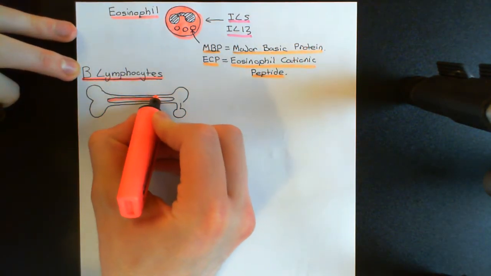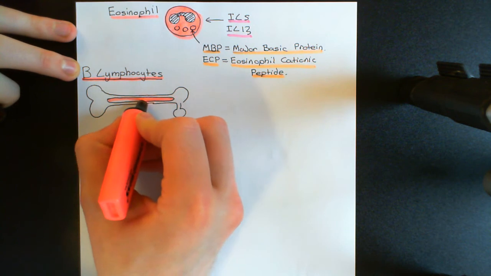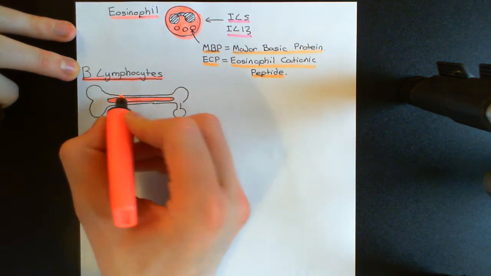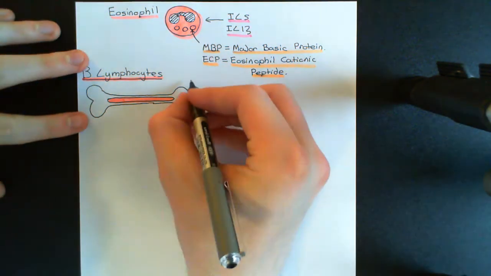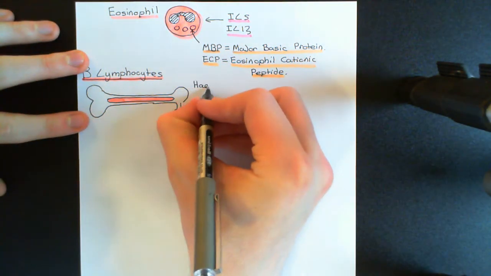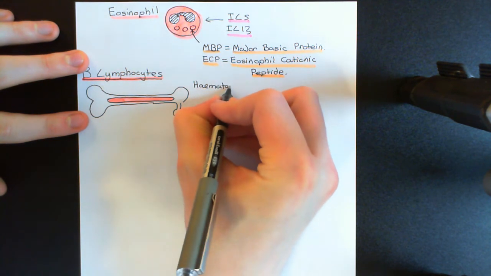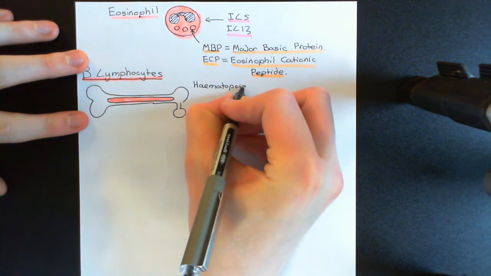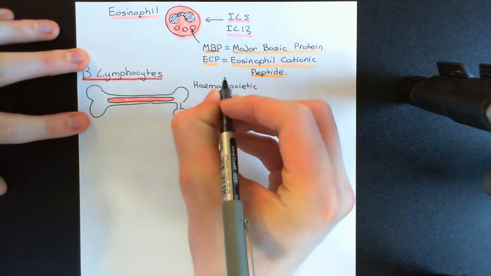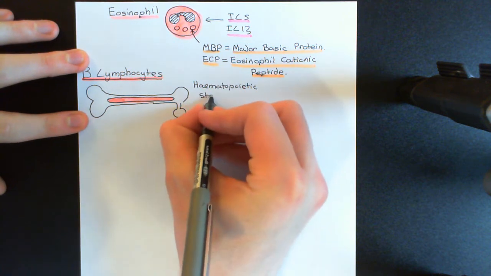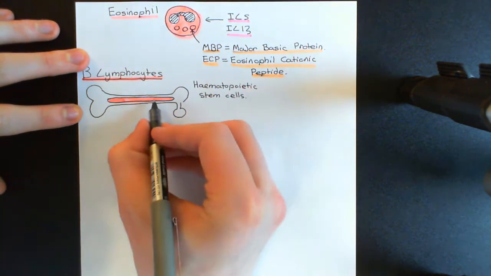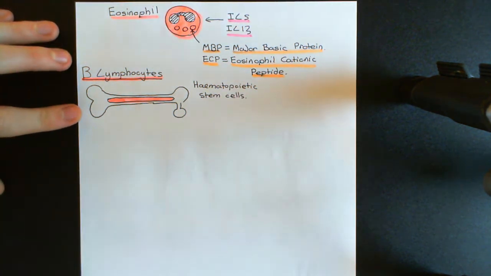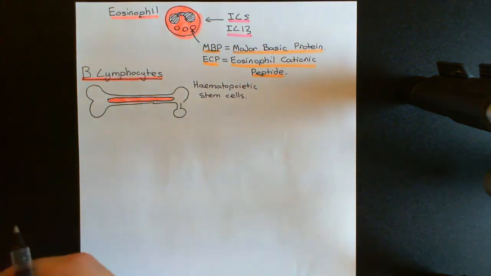And of course, one of the major cell types that is within the bone marrow is going to be the hematopoietic stem cell, and we've already seen that the hematopoietic stem cell is responsible for producing lymphoid progenitor cells. So I remind you that the hematopoietic stem cell will divide and divide and divide, and some of its progeny will remain as hematopoietic stem cells to maintain the population of hematopoietic stem cells within the bone marrow, whilst others will then differentiate into new cell types.